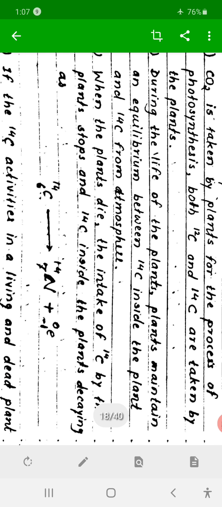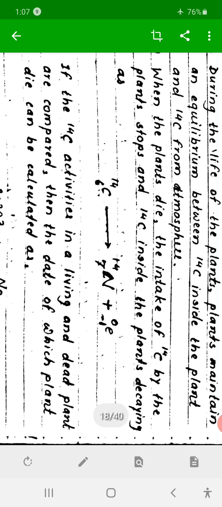During the life of the plant, whenever the plant is in a living condition, it maintains an equilibrium between C14 inside the plant body and C14 in the atmosphere, that is outside the plant body.